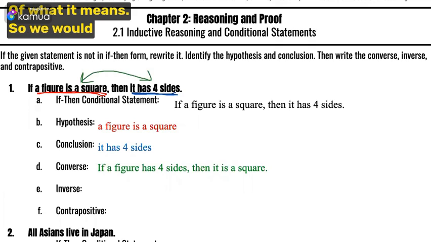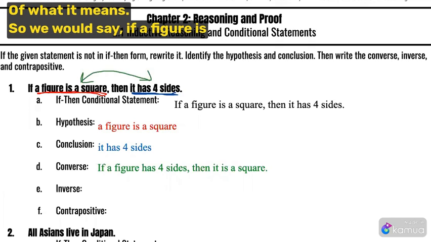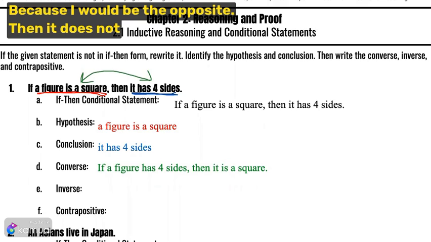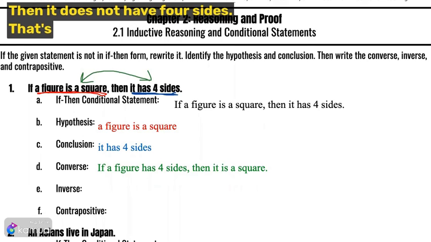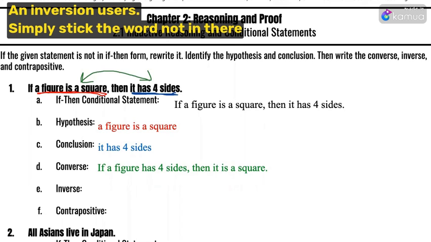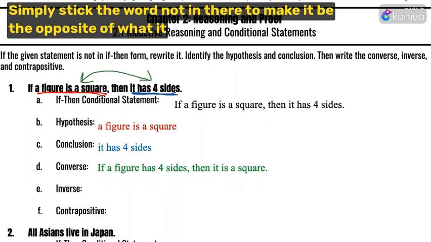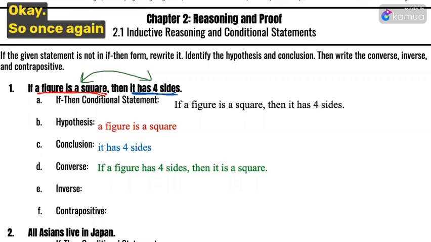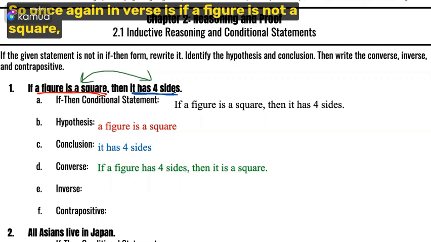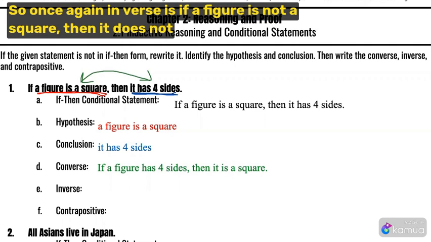So we would say, if a figure is not a square, right, because that would be the opposite, then it does not have 4 sides. That's how you do inverse. You simply stick the word not in there to make it be the opposite of what it means now, okay? So once again, inverse is, if a figure is not a square, then it does not have 4 sides.